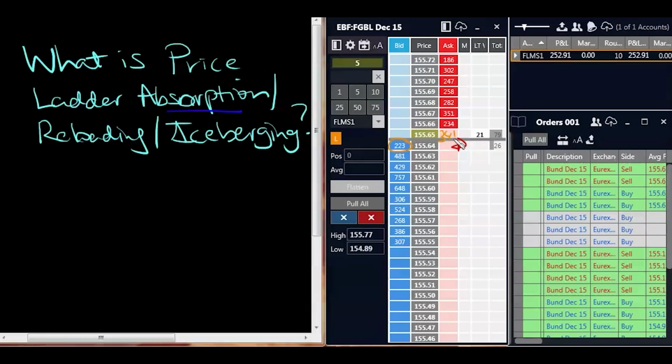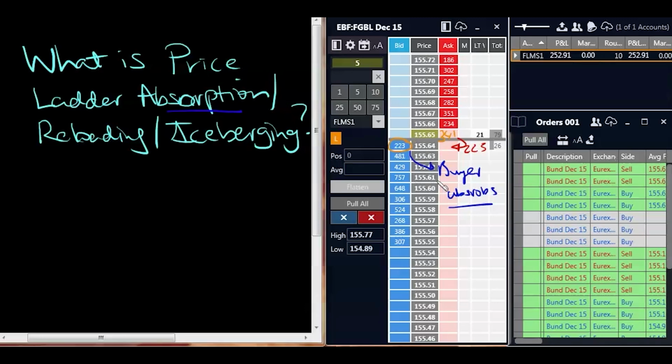They accept to sell 223 contracts at market, so they've sold 223 contracts, and effectively that's absorbed by the buyer. So the absorption takes place by the buyer. The buyer absorbs.